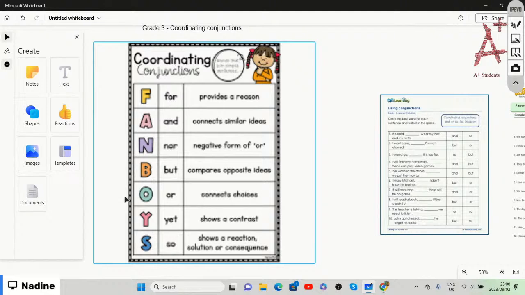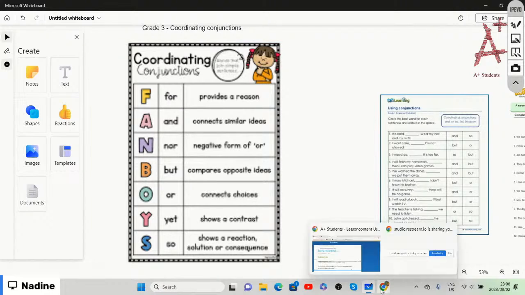And then we have so. So shows a reaction, solution, or consequence of whatever we are joining, whether it is words, phrases, or simple sentences.